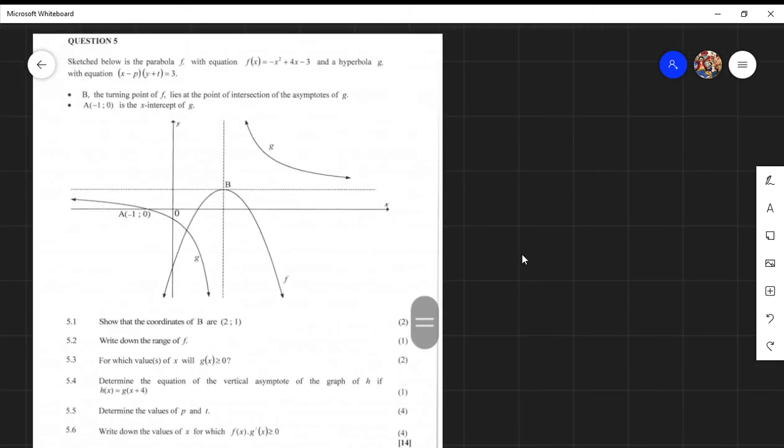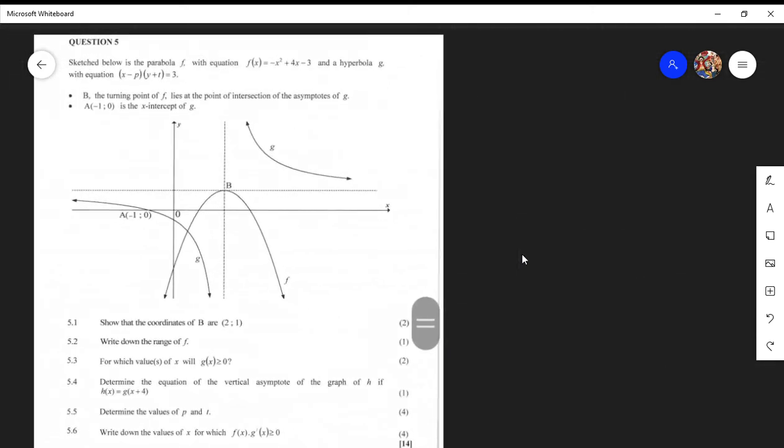Is the question visible for everyone? Okay, so let's get started. Excuse me? It's visible for everyone.